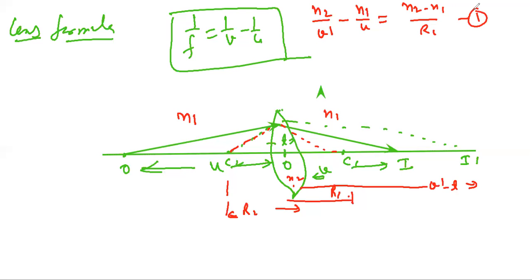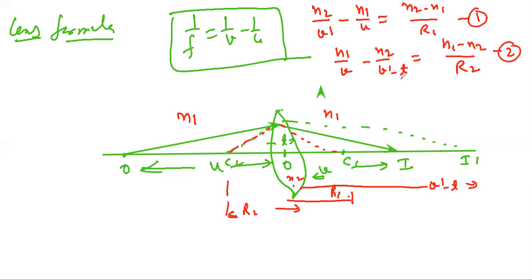Next, when the refraction takes place through surface R2, you will use N1 upon V minus N2 upon V dash minus T is equal to N1 minus N2 upon R2. This is second.